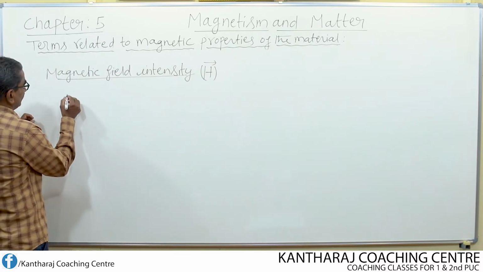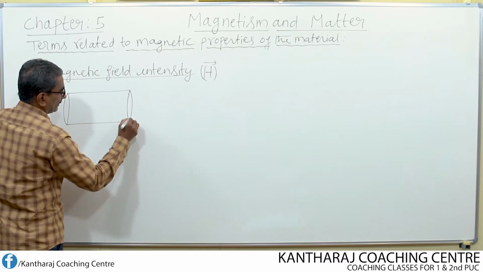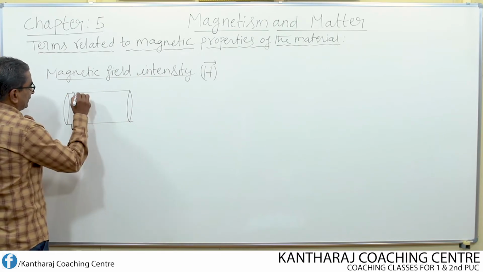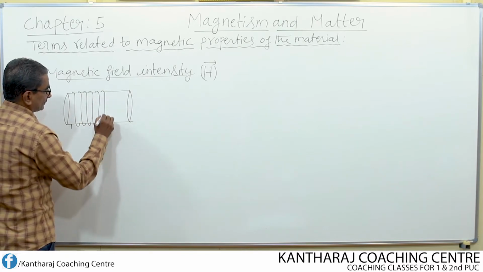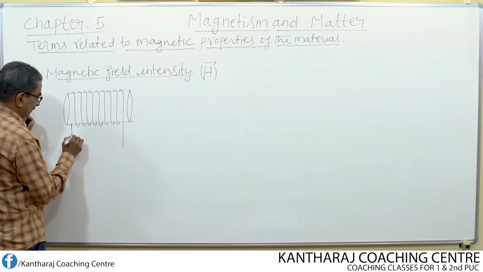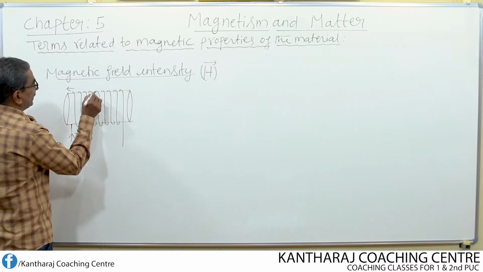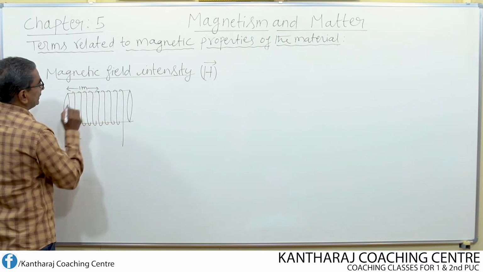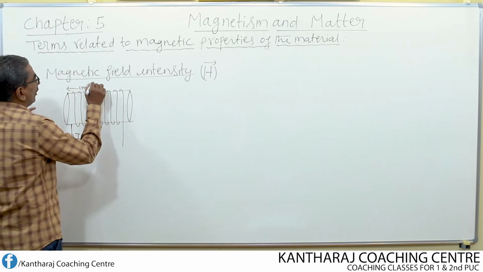Now I consider one solenoid like this. These are nothing but copper wire wound in the form of a helix over a non-magnetic tube to form a solenoid, and let n be the number of turns in 1 meter length. Say for example, if I consider from this end to this end as 1 meter length, then in this 1 meter length how many turns are there?